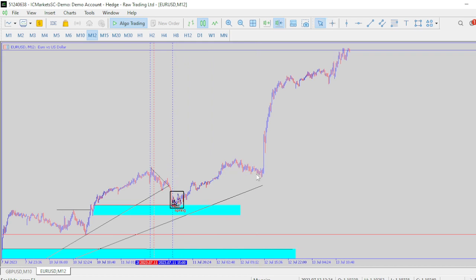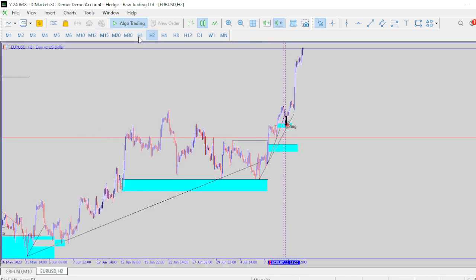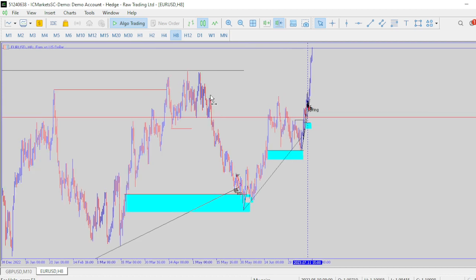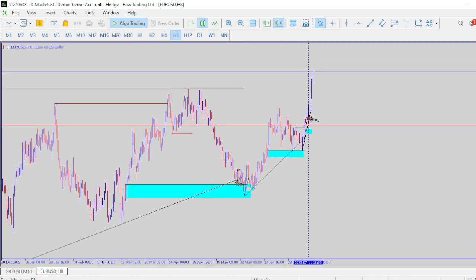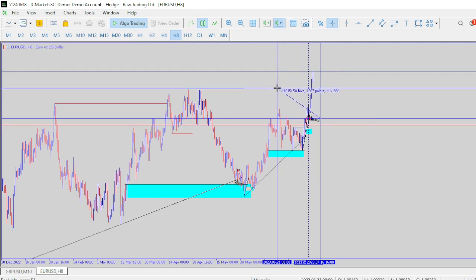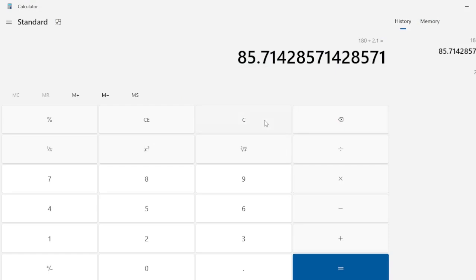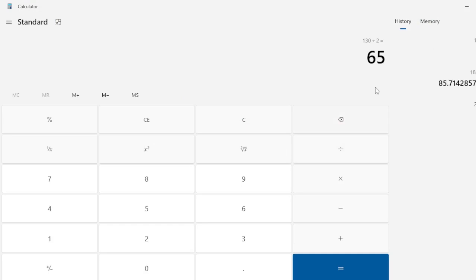Yeah, guys, you don't have to always chase the price. You see, even if you target it this high, 130 pips divided by 2, that's a great risk reward.